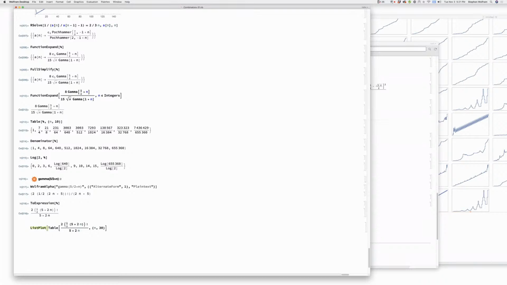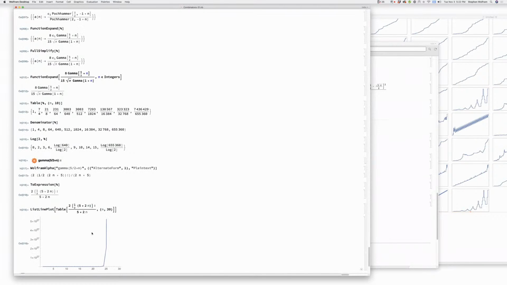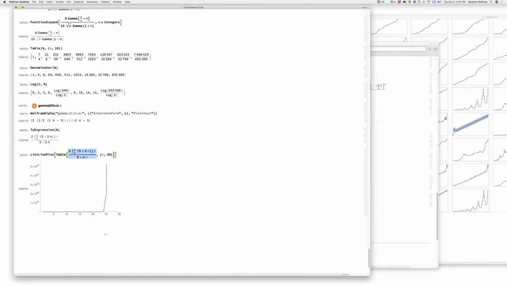Oh, I see. This is going to be the original thing. So this is going to go up. This is going to be the thing that increases exponentially. And then, oh boy, it gets very big very quickly. But if I take this thing and take the ratios, this thing divided by that thing for n minus 1, then I'm going to get the right thing.